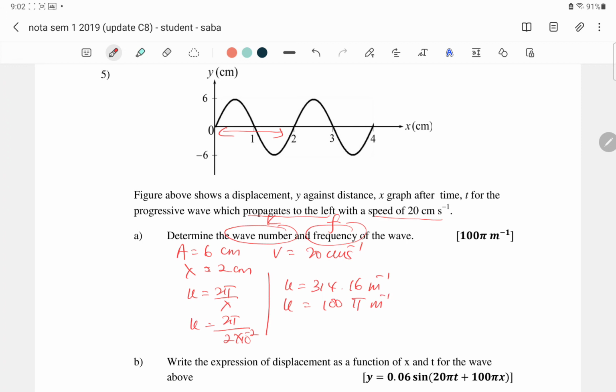And then the frequency: v is equal to fλ, so 20 times 10 to the negative 2 equals f times 2 times 10 to the negative 2, so your frequency will be 10 Hz. Okay, finish A.